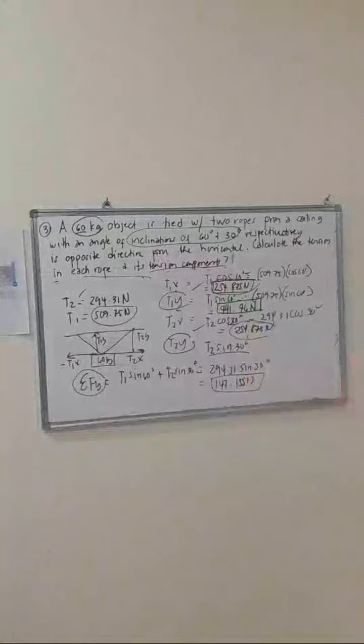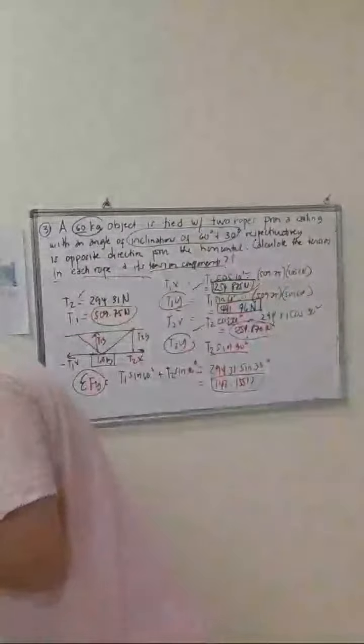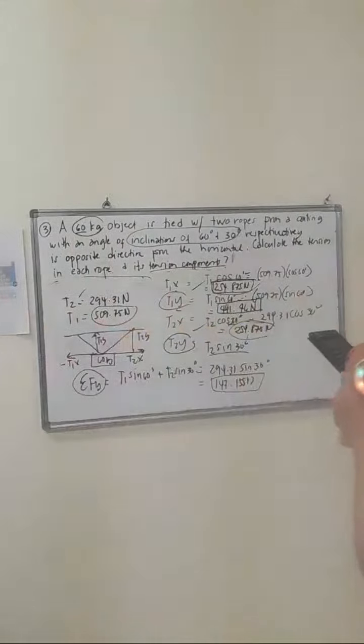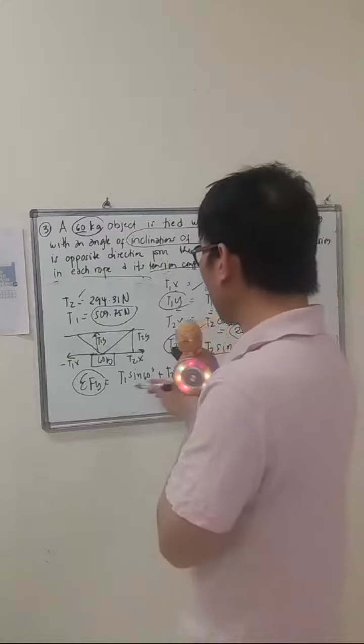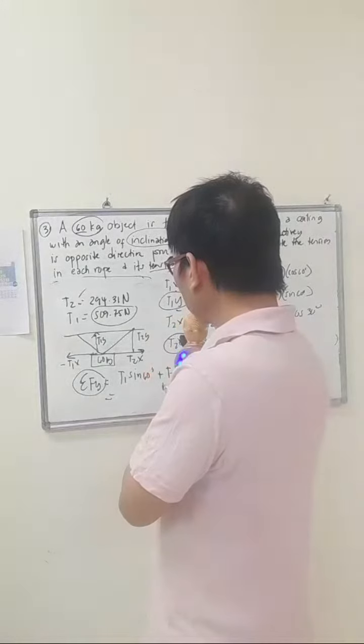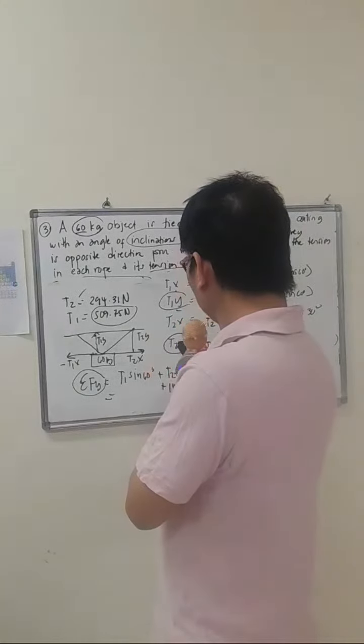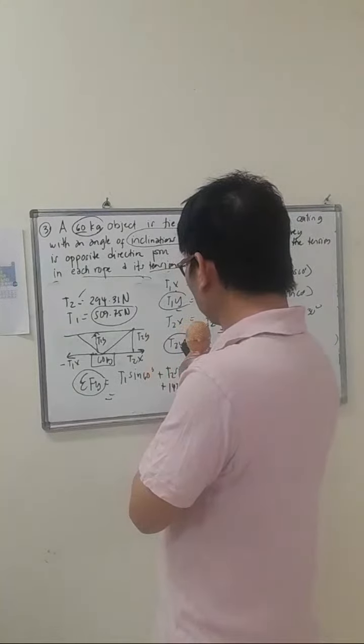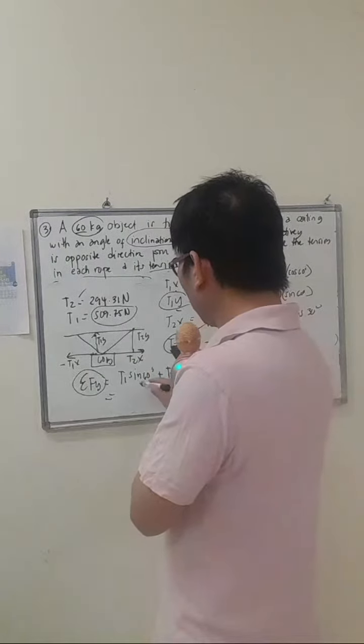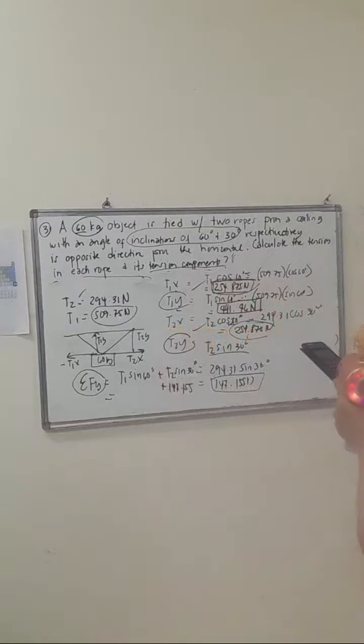In the summation of Fy, you add everything vertical. So T2 sine 30 times 294.31 is equal to 147.155 here, and this is positive, right? Because it's going upward. And the other one also is positive, it is going also upward.